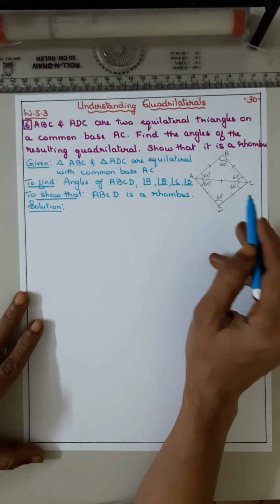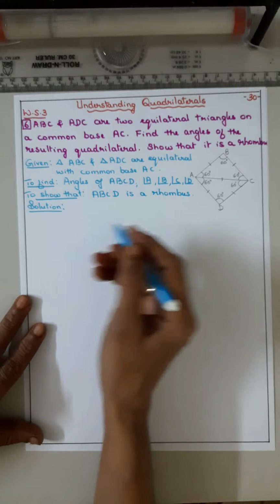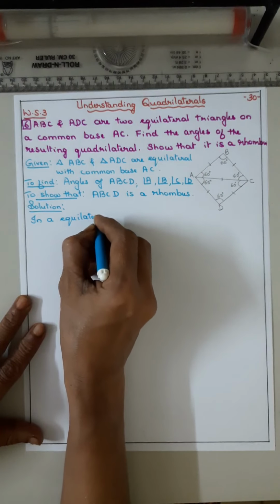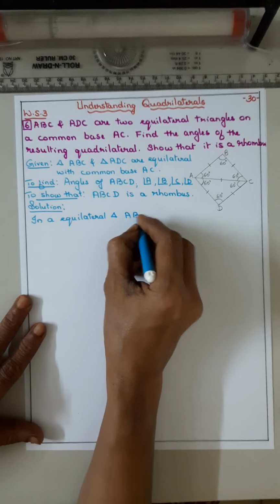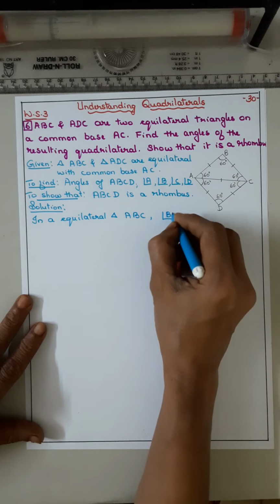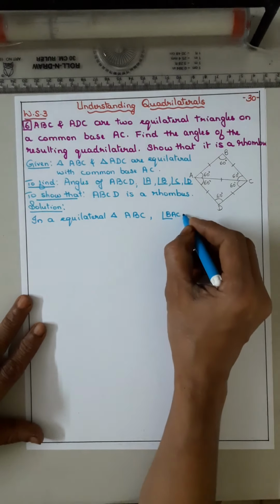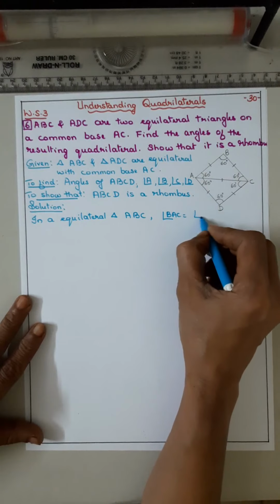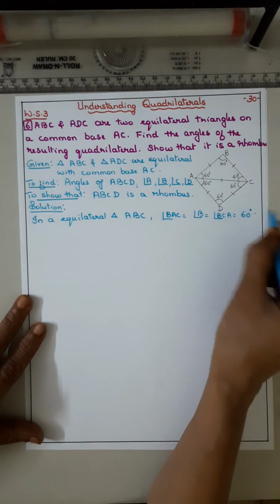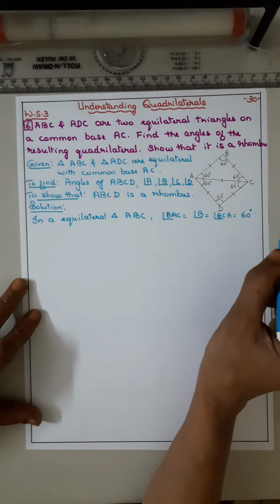Coming to the solution, in equilateral triangle ABC, angle BAC is equal to angle B is equal to angle BCA is equal to 60 degrees, because each angle of an equilateral triangle is 60 degrees.